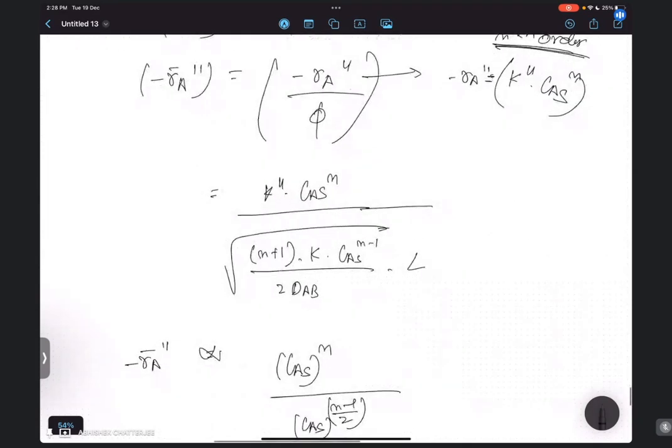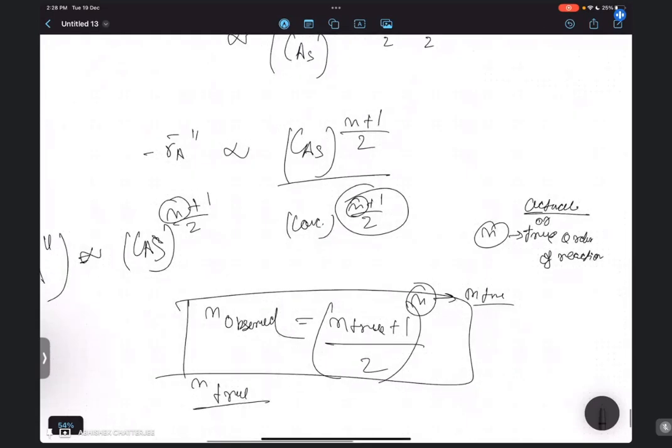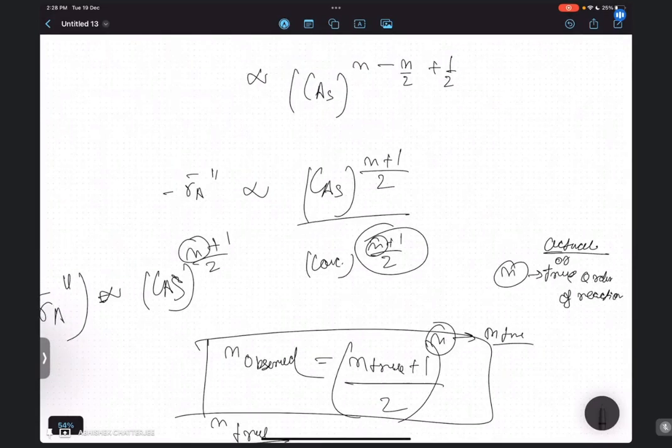This phi value, we have already seen it for your nth order reaction. So that we have put it here. And through this, we have just derived it a little bit with respect to the concentration. And we have seen that this minus Ra bar, that is your rate of the reaction with strong pore diffusion regime, is actually becoming directly proportional to this surface concentration to the power n plus 1 divided by 2.